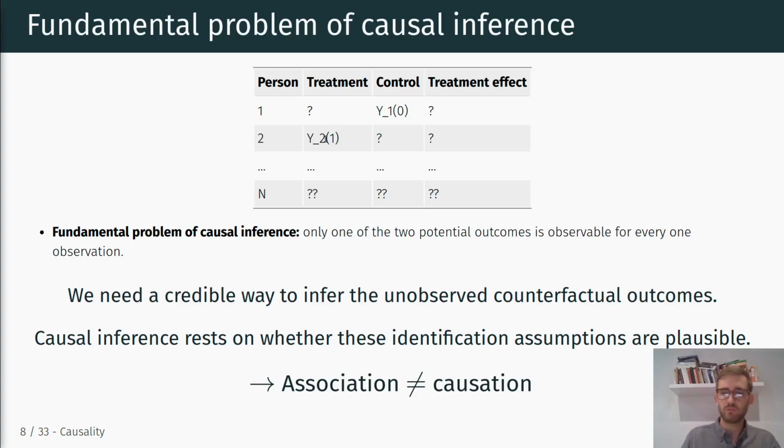So the y1s that we actually observe, and compare those to the realized potential outcomes in the control group that we actually observe. So basically, what this assumption means is, if the treatment is independent of the potential outcomes, we can just rely on the realized potential outcomes that we actually observe.